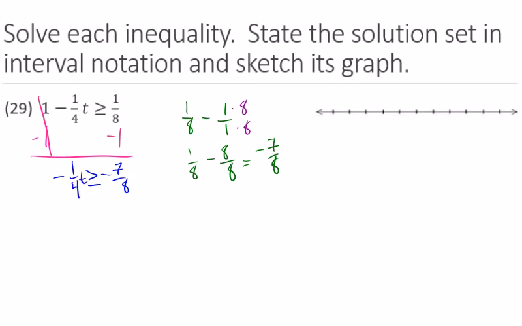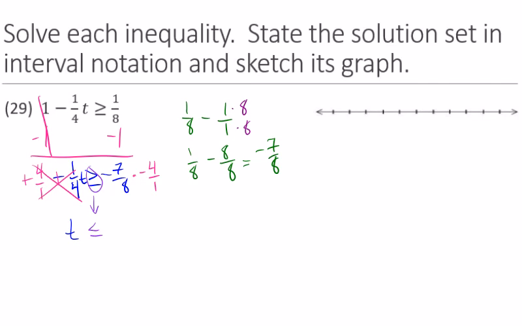All right. So now we still want to get t by itself, so we're going to multiply by the reciprocal of negative 1/4, which is negative 4, or negative 4 over 1. So those cancel out. Negatives turn to positive. So I'm going to get t. Have to flip this around because I just multiplied by a negative, so it's going to be less than or equal to.